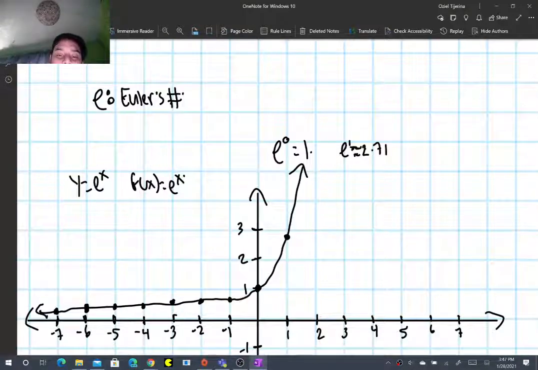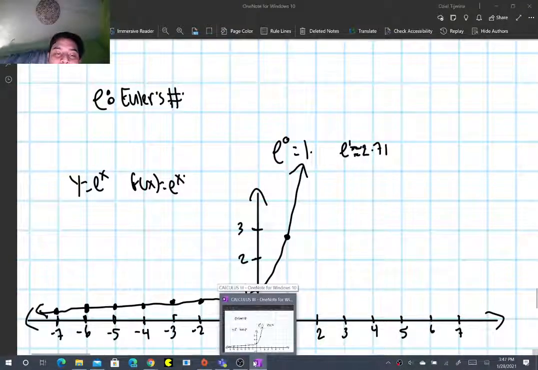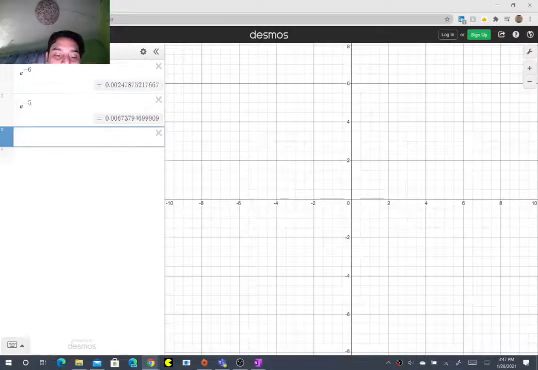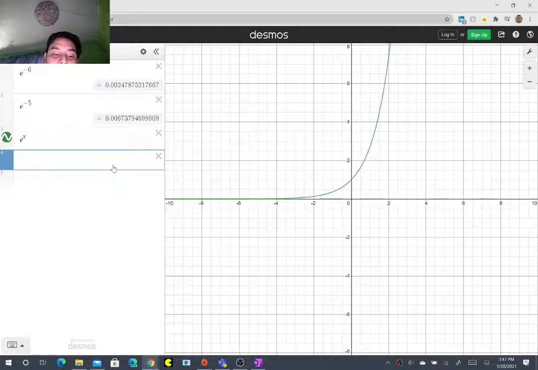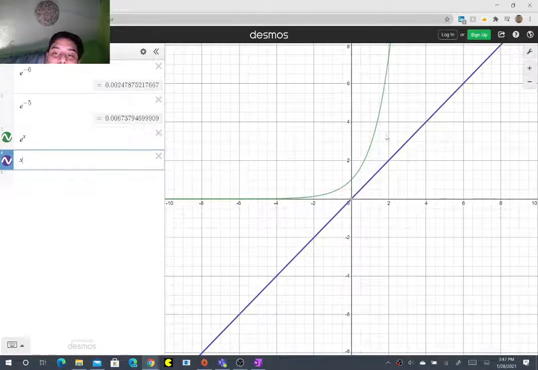So that is kind of how e to the x looks. Let me just verify that that's how it looks. Yes, so you see how it goes like this, and then you go up and up and up, and it goes at a very high rate versus a linear function, which goes at a very constant rate, okay?